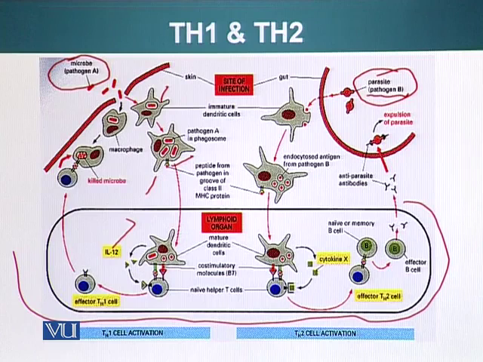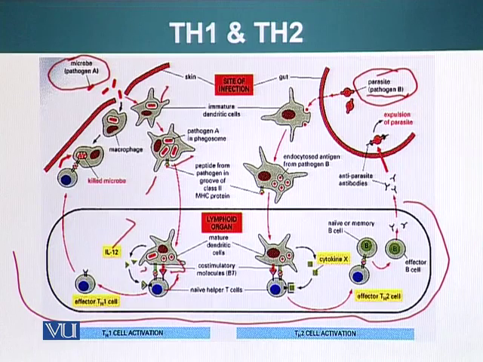I hope you remember that when antigen-presenting cells mature, dendritic cells in this case, they start expressing a co-stimulatory molecule called B7, which you can see right here. So these are the two signals helper T cells require to become activated: B7 molecule and foreign antigen in association with MHC2 molecule, which is right here.